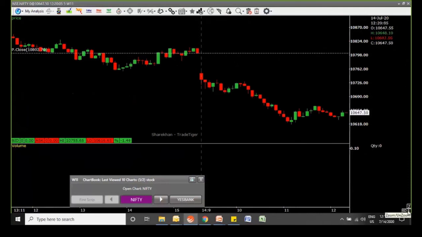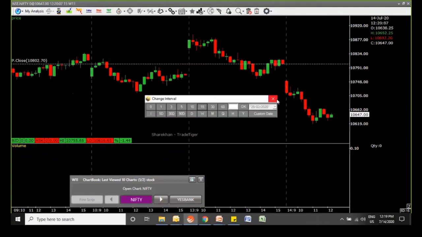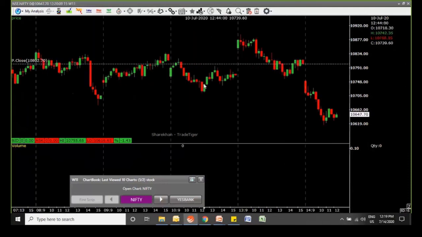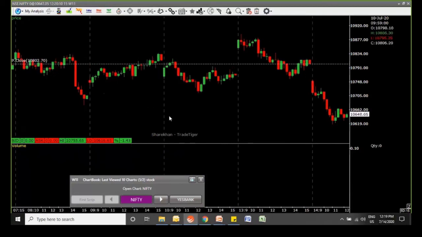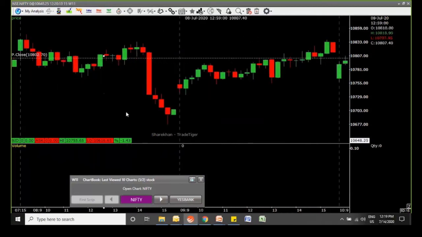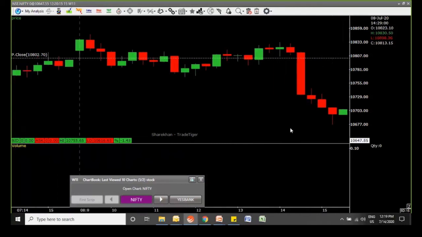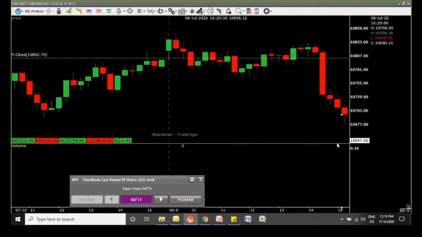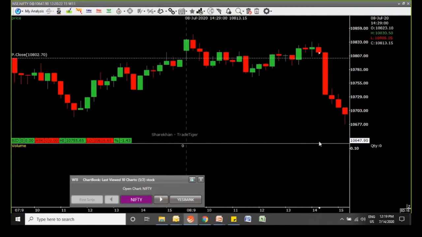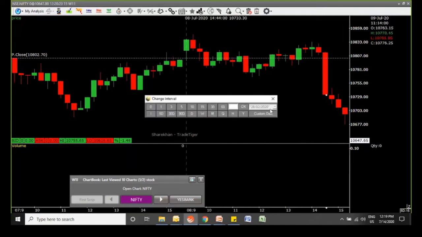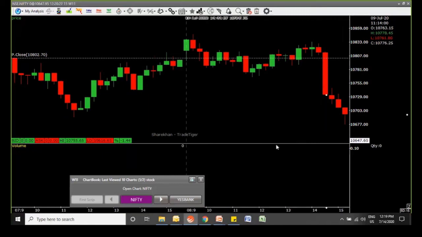I'm looking at a 15-minute chart. And right at this bottom here, you get something which is very similar to a hammer.